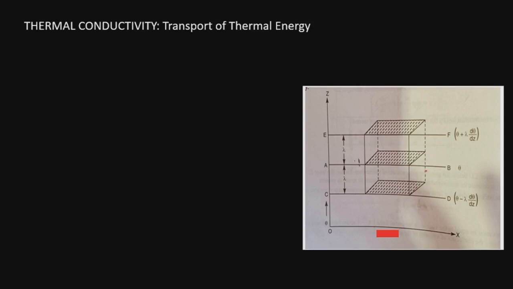Then the temperature of layer EF can be taken as theta plus lambda d theta by dz, and the temperature of layer CD can be taken as theta minus lambda d theta by dz. This means that the gas above the layer AB is at higher temperature and the gas below the layer AB is at lower temperature.